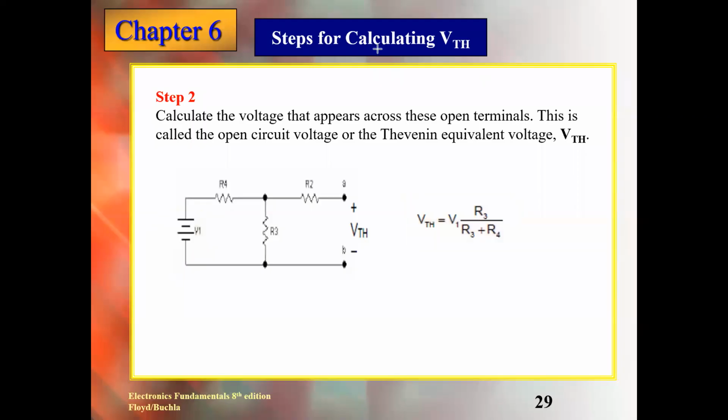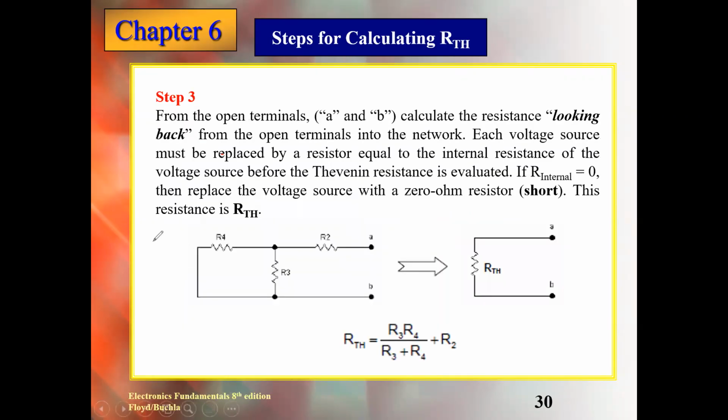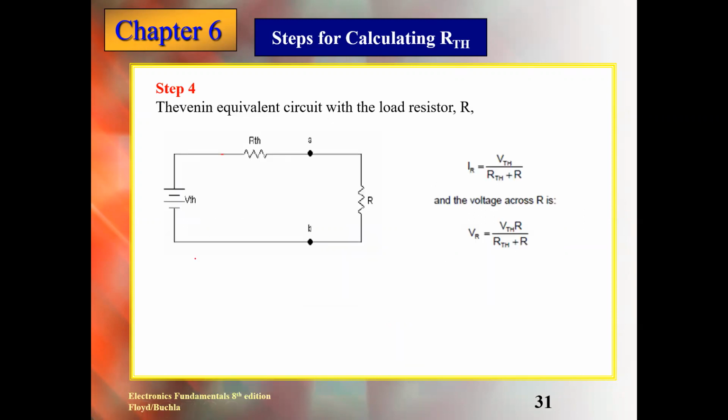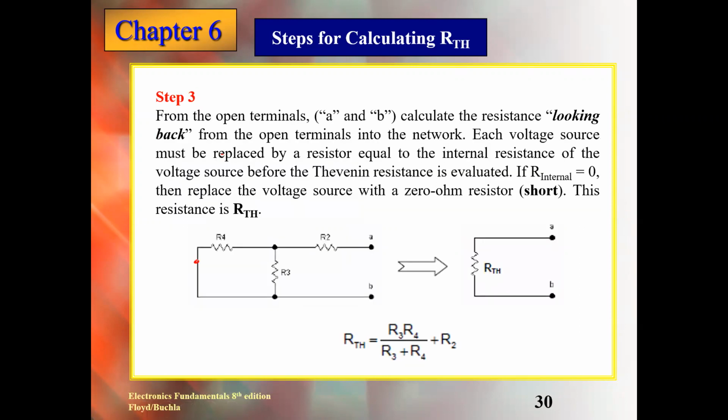So what do we do now in the third step? We remove the voltage source and just connect a wire here. So this is the circuit we are having now. We need to calculate the resistance between A and B.